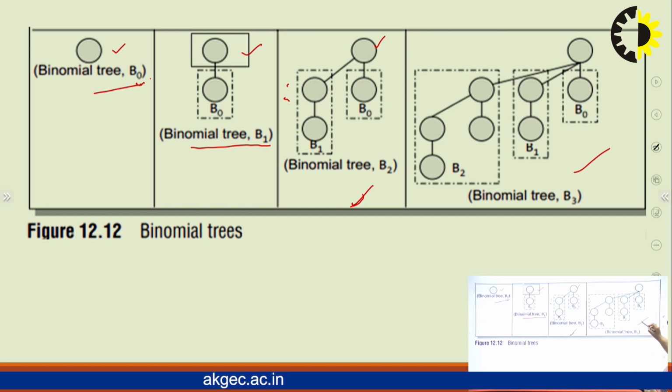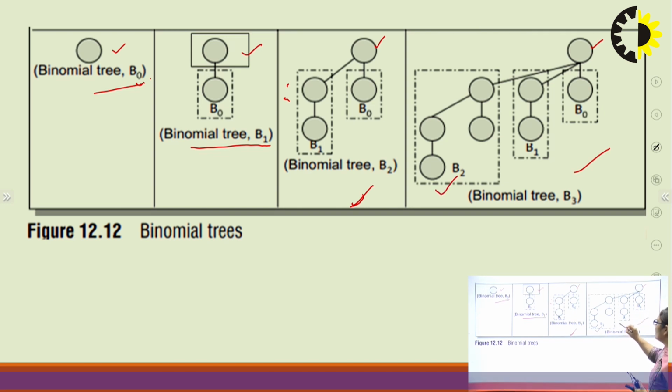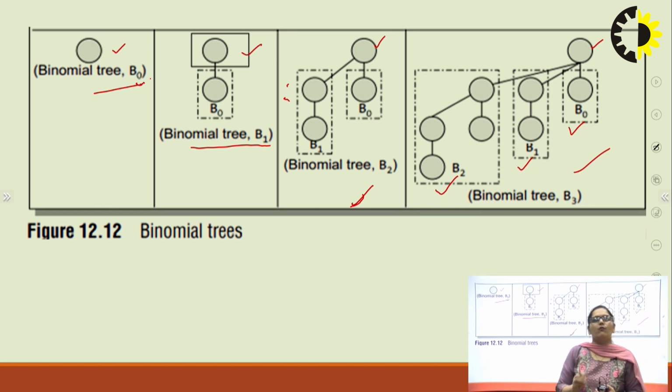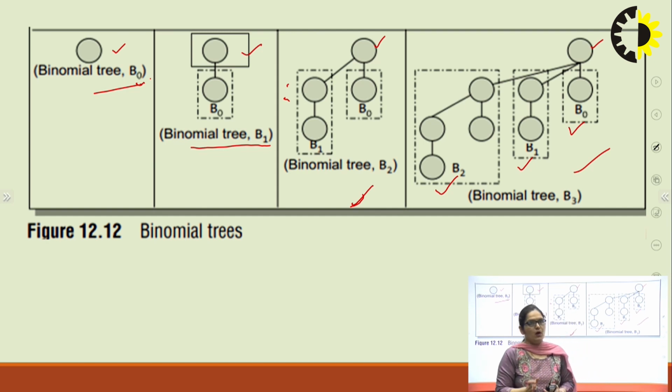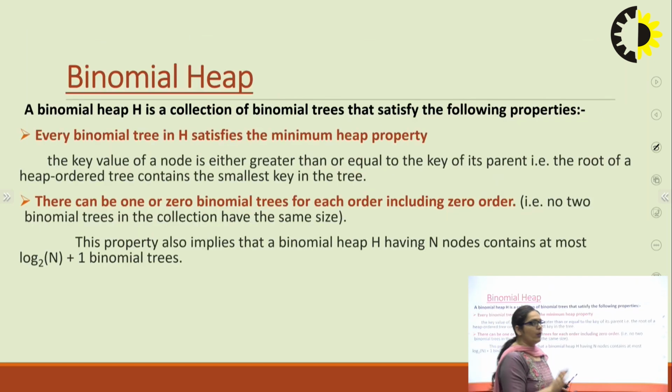In this binomial tree B3, the root node will contain the binomial trees B2, B1 and B0 as its child nodes. So basically, a binomial tree of order i is a collection of binomial trees of lower order, that is i minus 1, i minus 2 up to B1 and B0. So this is the concept of binomial tree.